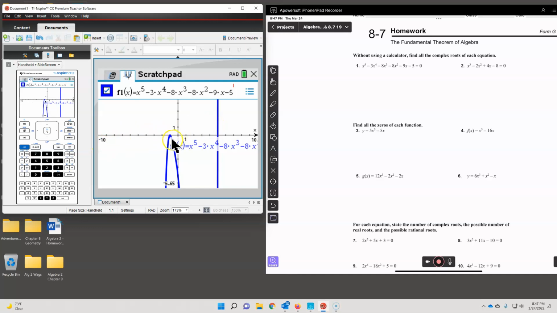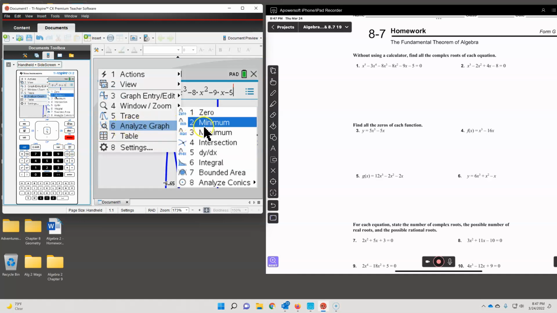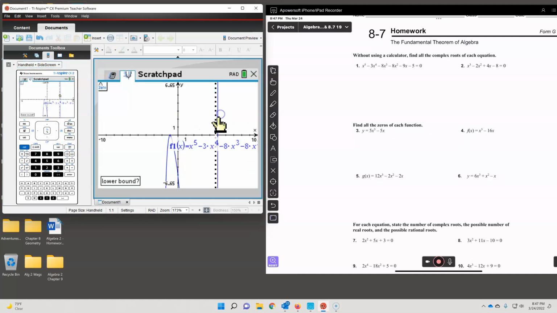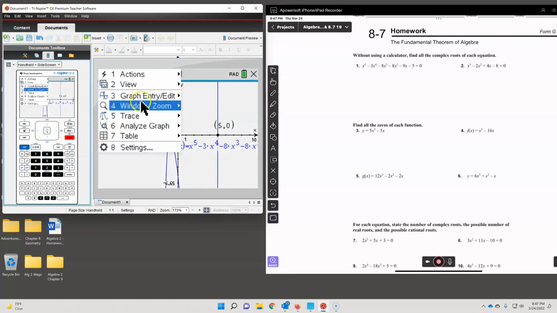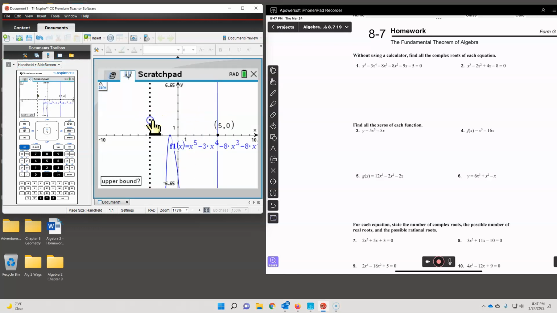So what we're going to do is, if you want to find the 0, you go to Menu, Analyze Graph, 0, left side, right side, and you notice that the 0 is 5, 0. Go to Menu, Analyze Graph, 0, left and right, and you notice that the 0 is -1, 0.